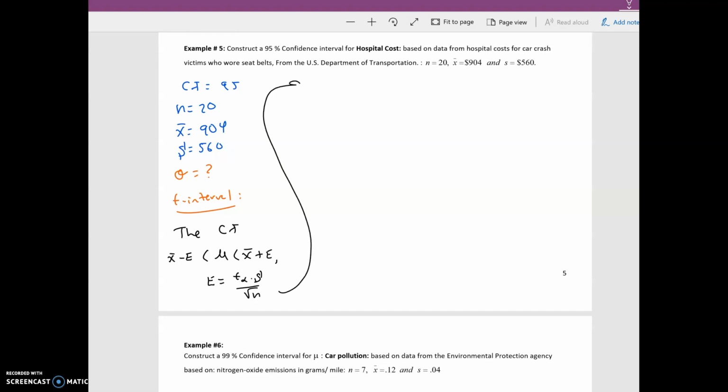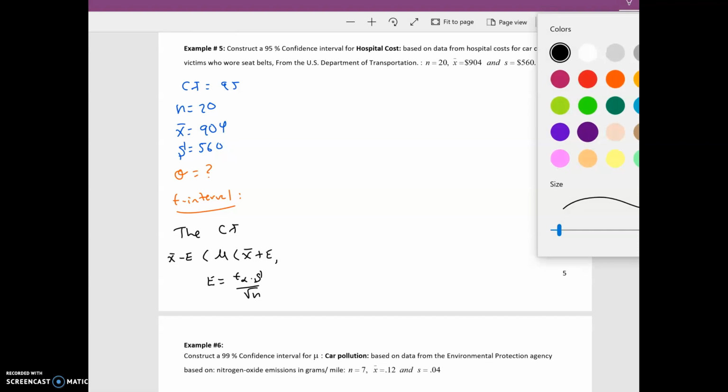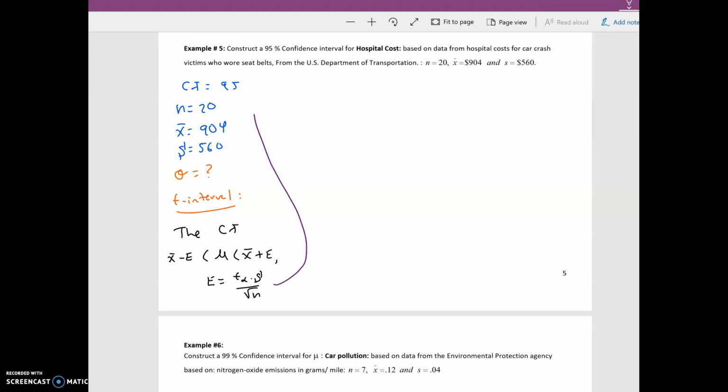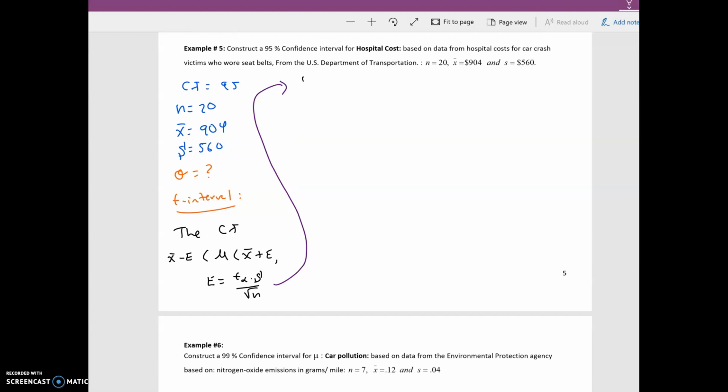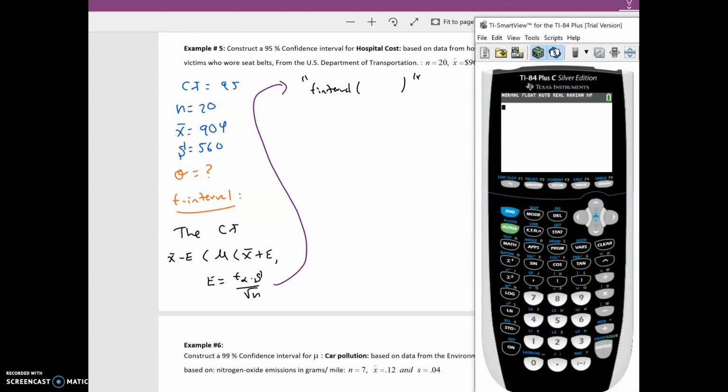And then from here, you can just run it in the calculator and provide an actual disclaimer. So what we technically have is a t interval, and you're going to be running the following values into the calculator. So let me give you the code.